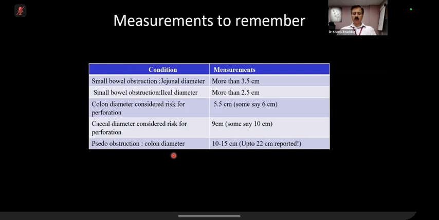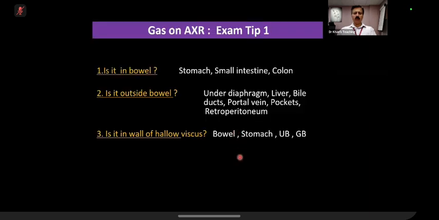They might come to you from care homes, etc. And all of these rules don't hold for them. And up to 22 centimeter bowel dilatation is reported. I think all of you know these, but this was just for revision.